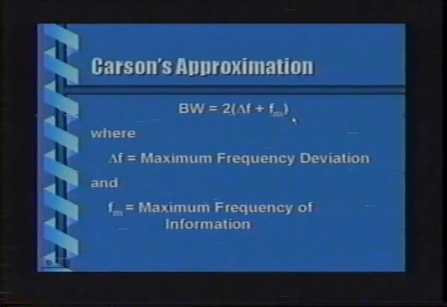You add together the frequency deviation and the maximum frequency of the audio. So delta F is the maximum frequency deviation, the maximum amount that the instantaneous frequency of the FM wave moves away from the carrier. F sub m is the maximum frequency of the audio or the information signal in general.